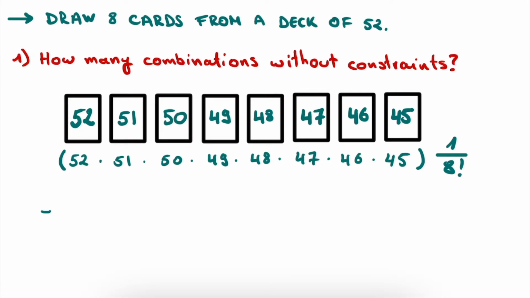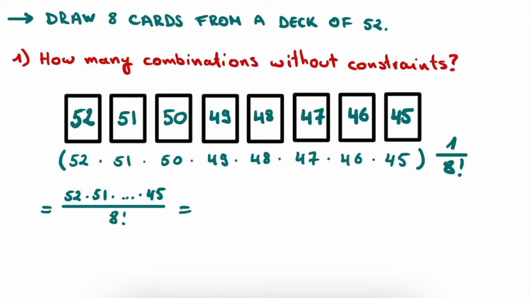This gives us the number of combinations in which we can draw 8 random cards from a deck of 52 cards. Writing this down, we have 52 multiplied by 51, multiplied all the way down to 45. And we divide this numerator by 8 factorial to take into account that order doesn't matter.